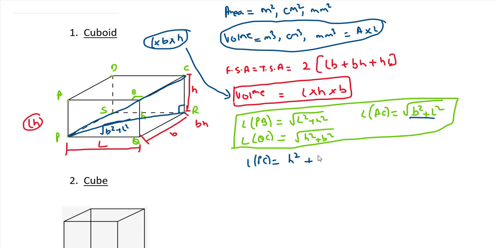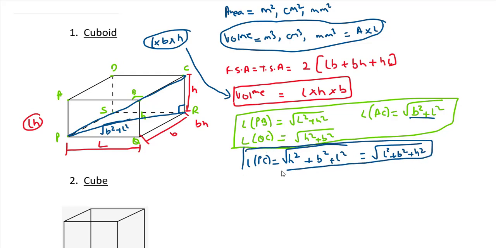Square and square root will cancel out, B square plus L square, and this whole thing under root. So if we just arrange this, we'll get the length of PC equal to square root of L square plus B square plus H square. This is nothing but your length of body diagonal. So in this way you can easily remember all these formulas.